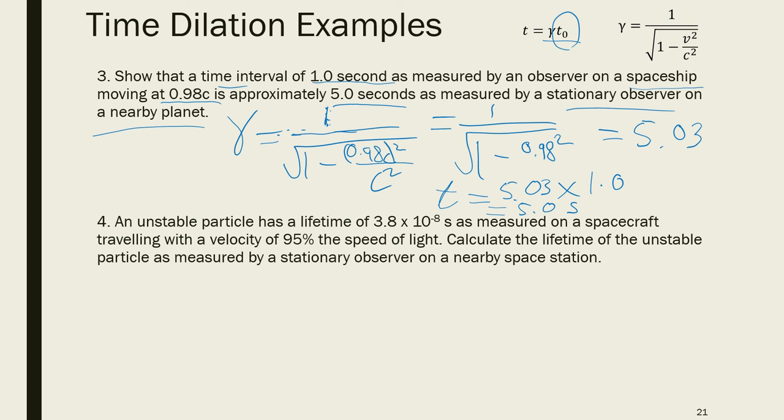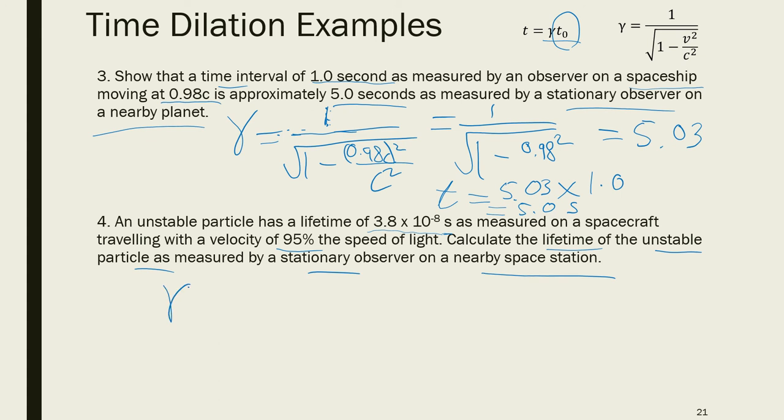Question 4. An unstable particle has a lifetime of 3.8 times 10 to the minus 8 seconds, so it's only stable for a fraction of a second. And that spaceship is traveling at 95% the speed of light. Calculate the lifetime of the unstable particle as measured by a stationary observer on a nearby space station.